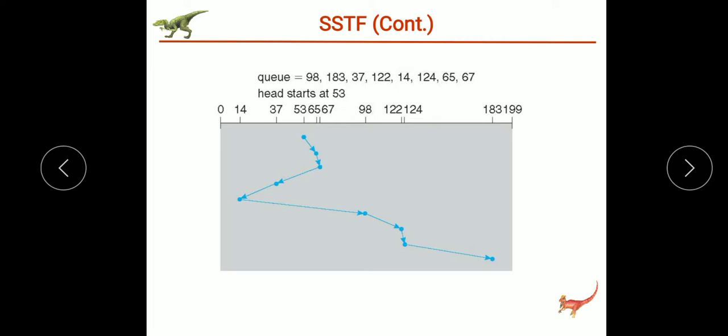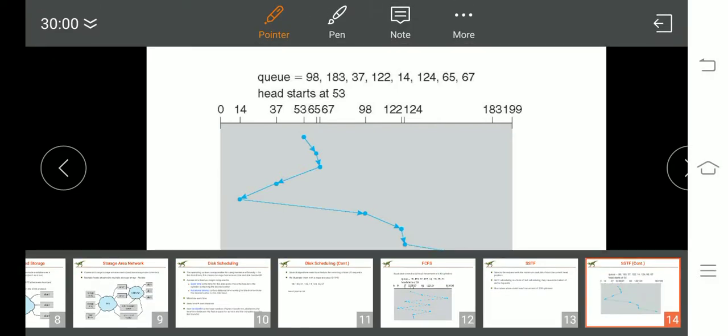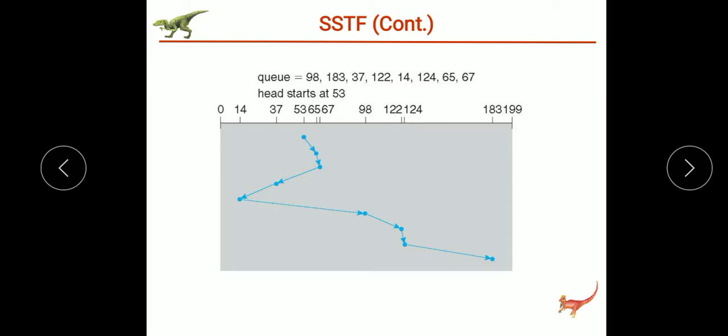Suppose when we are serving 14, according to this queue, after 14 we have to serve 98. But while we are serving request 14, if any request closer to 14 arrives, that request will be served immediately. Instead of serving 98, we have to serve the request which is closer to 14.